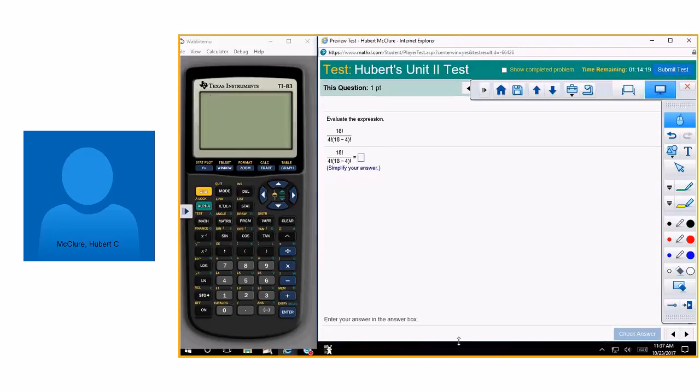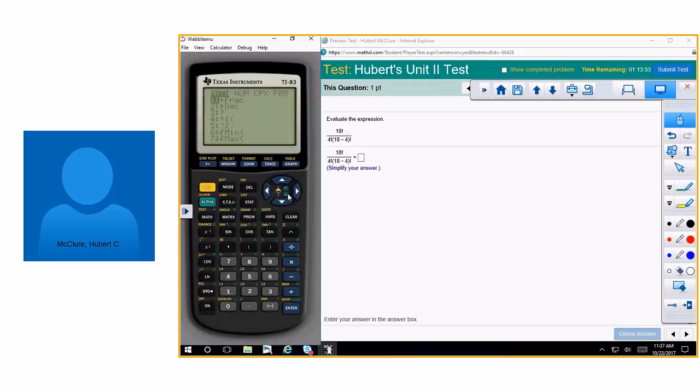I'm going to make this test harder because y'all not reacting. All right, so now what's this button right here? Stove. That's where you go get bread. That's stove. Okay? So remember that. That's where you put in the 18 factorial. So 18, math, probability.